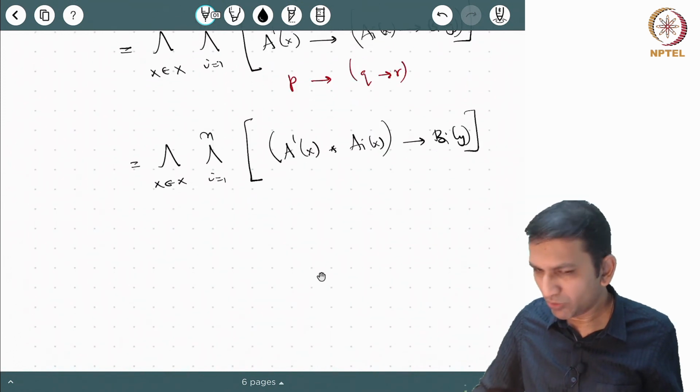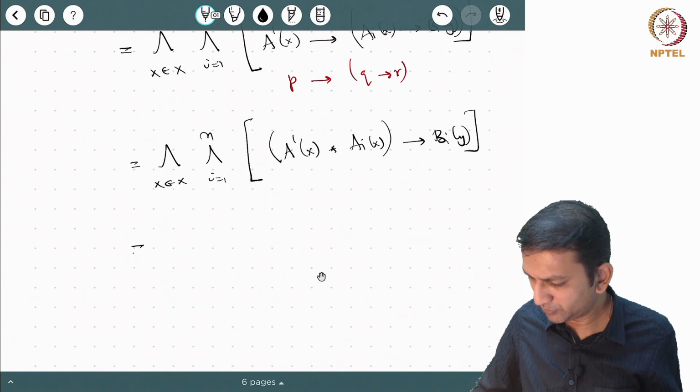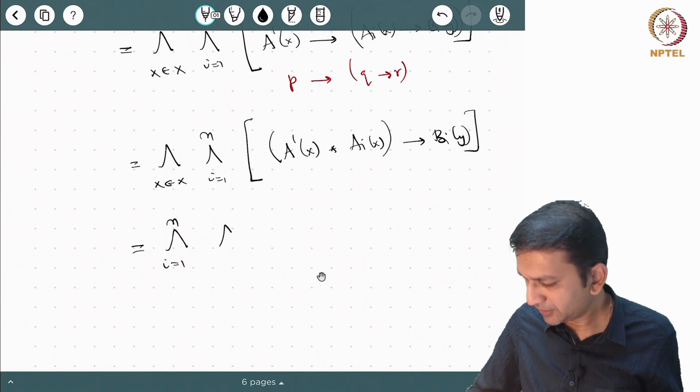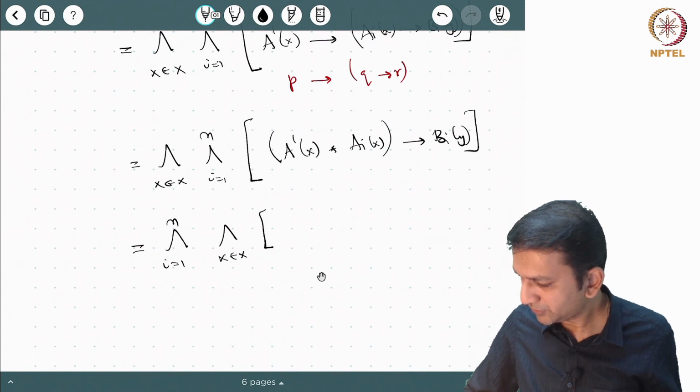P star Q implies R, which is A dash of x star Ai of x implies Bi of y. Once again, by swapping the infima, both the infima, what we get is the conjunction over i equal to 1 to n, and the infimum over x element of X of A dash of x star Ai of x implies Bi of y.